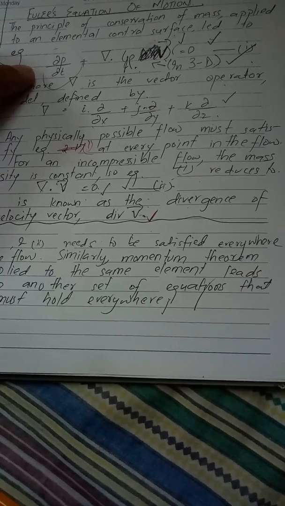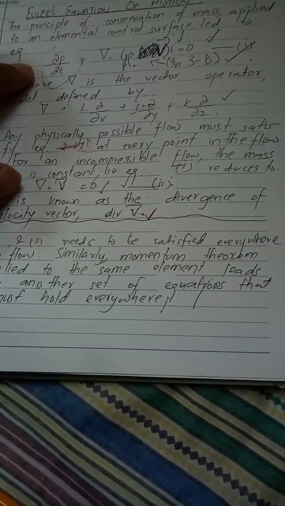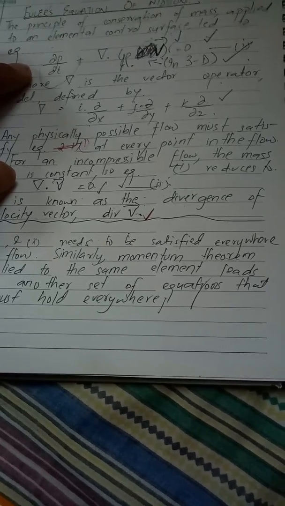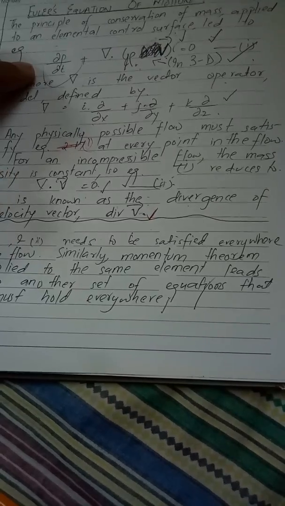For an incompressible flow, the mass density is constant, so equation 1 reduces to this one: del dot V equals 0.